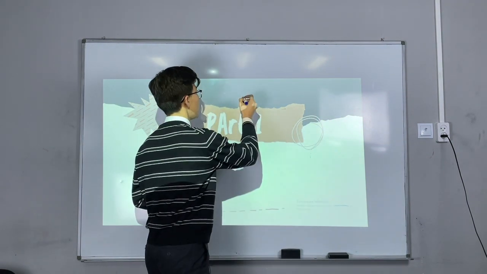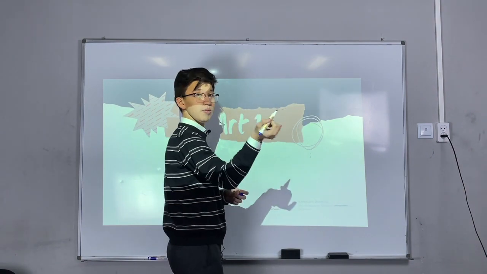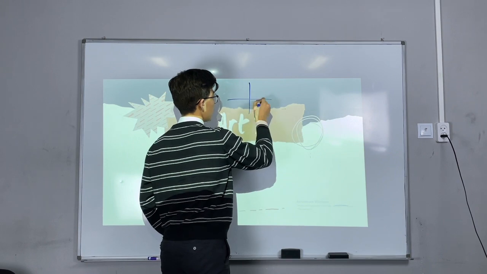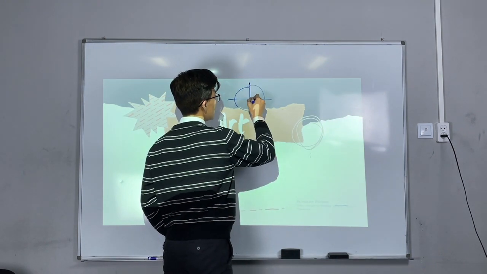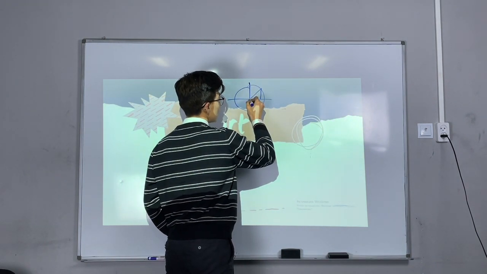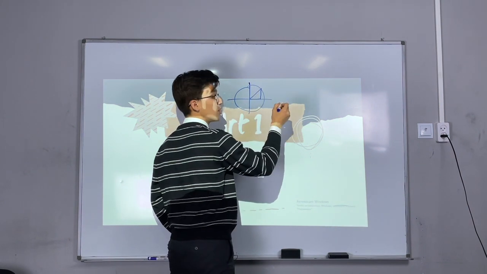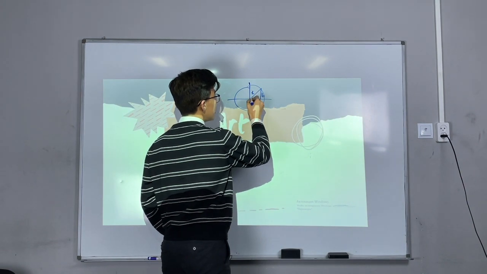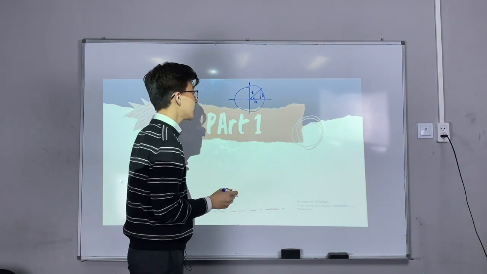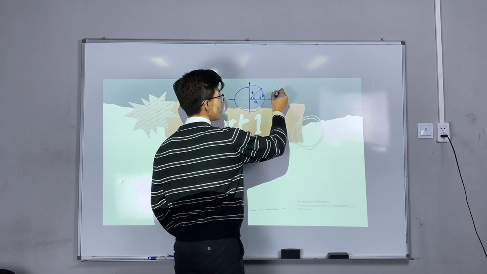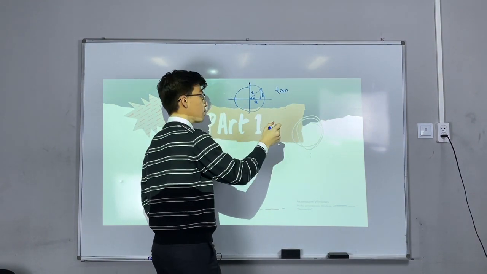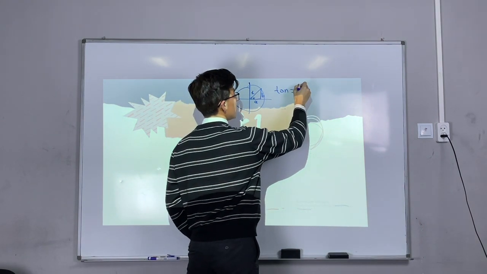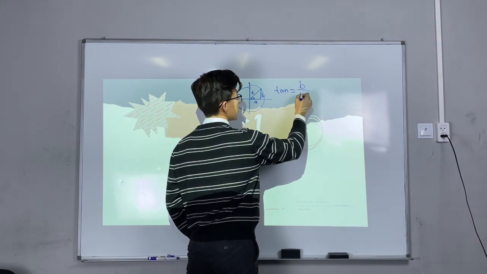Earlier we drew the unit circle, and here we draw it like that, with A and B, and we consider this angle. From this angle, our tangent will equal the opposite length divided by the adjacent length.